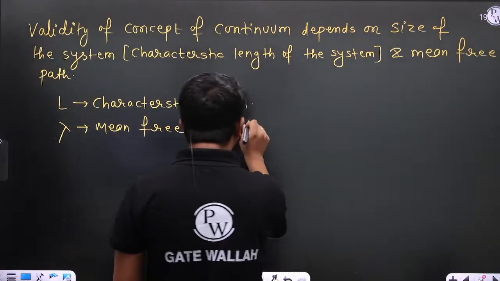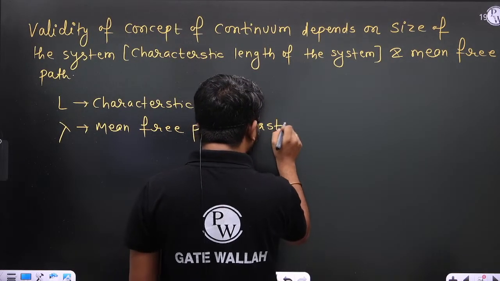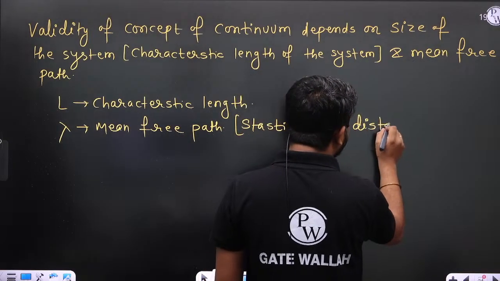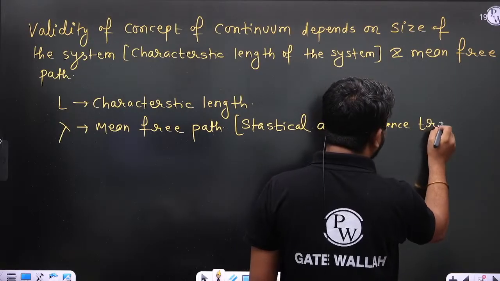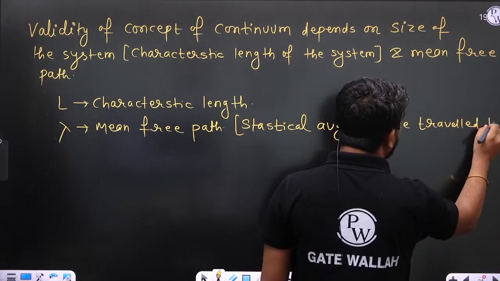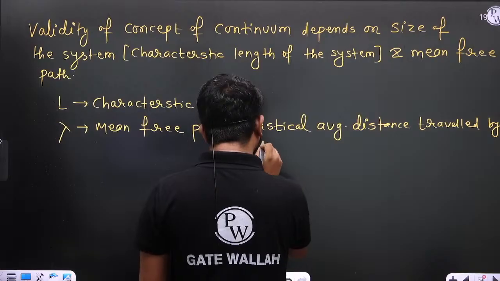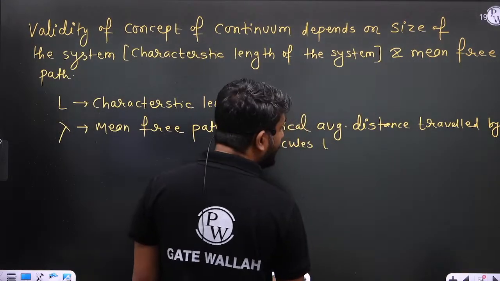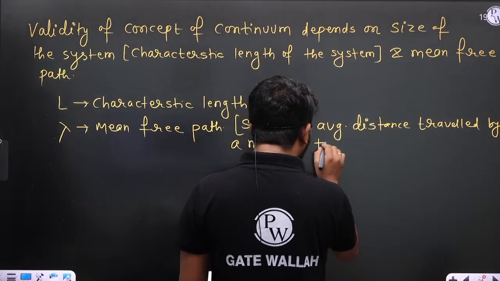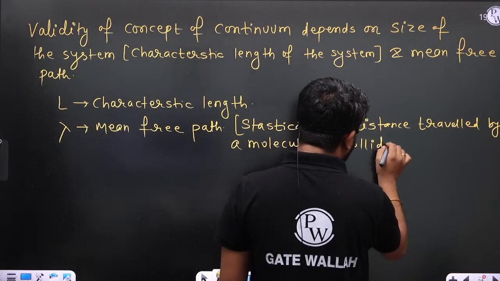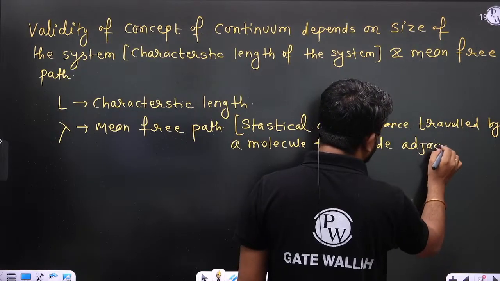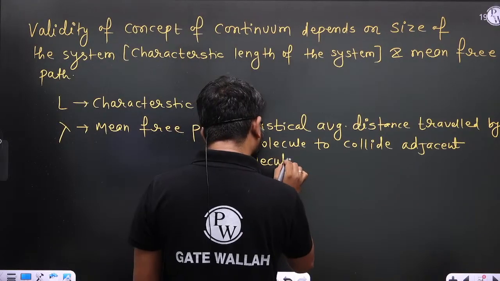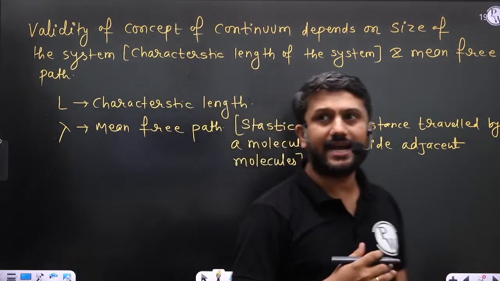So beta, this is the statistical average distance traveled by a molecule to collide with adjacent molecules. That is the mean free path.